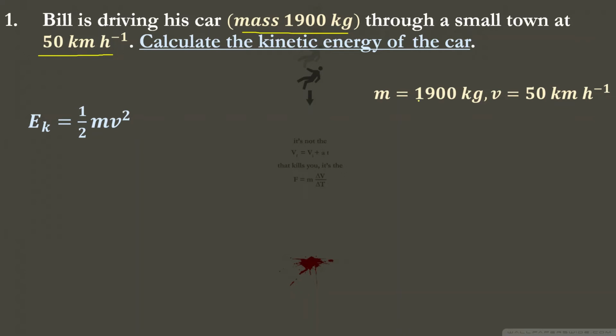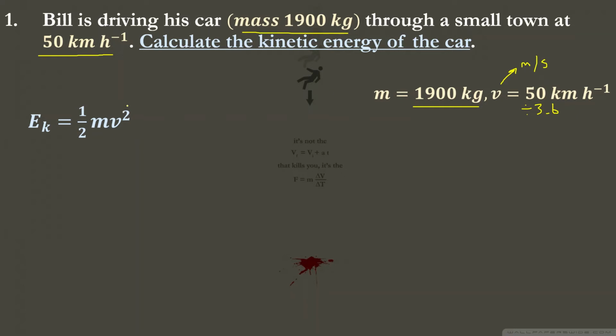Okay, so we already know what the kinetic energy formula is, and we're just trying to calculate that. So we have mass and we have velocity. Now remember, velocity in physics needs to be given in meters per second. Okay, so to convert kilometers per hour into meters per second, divide by 3.6.